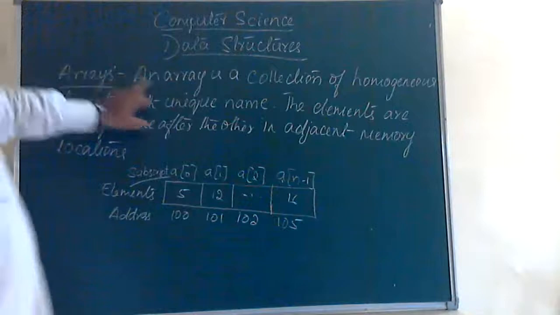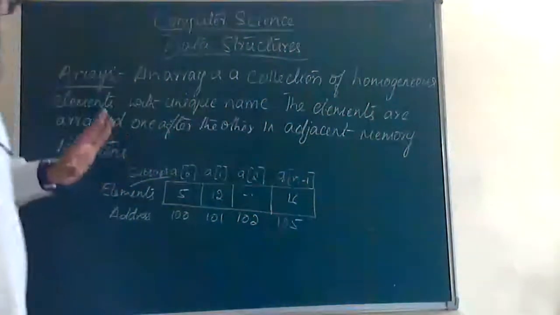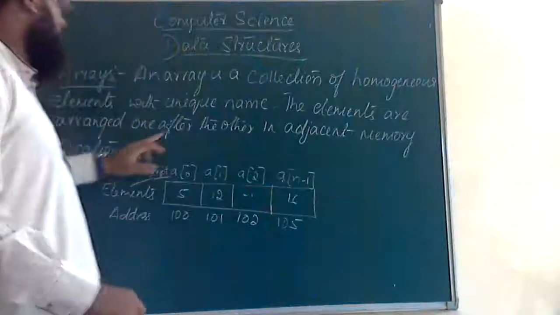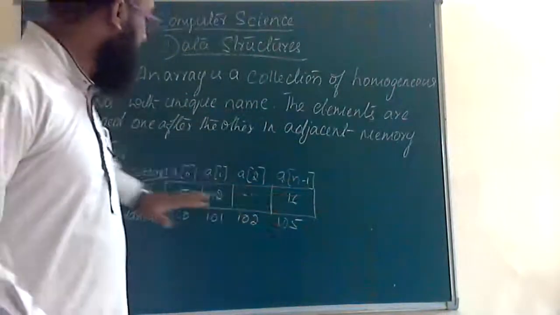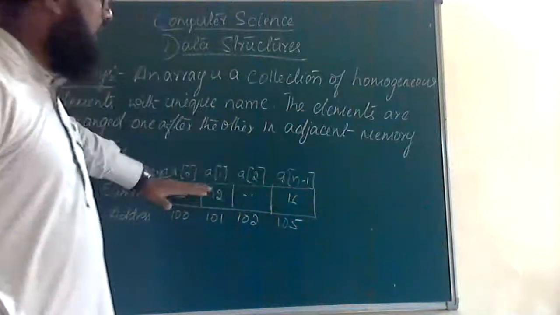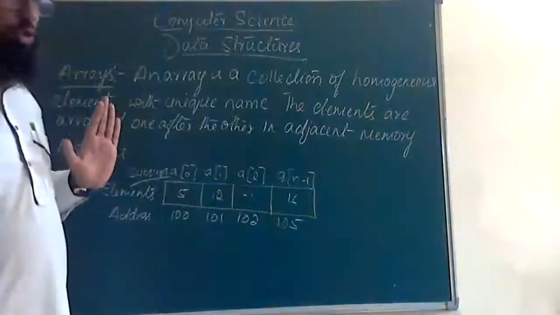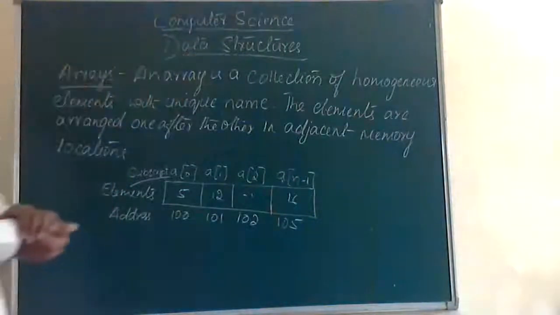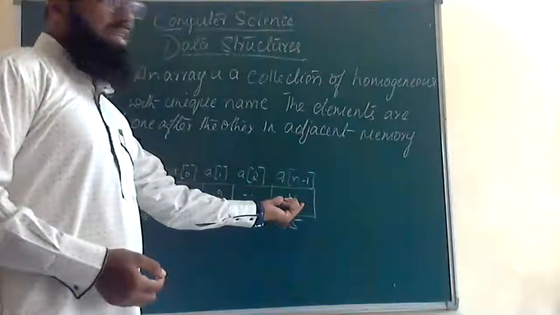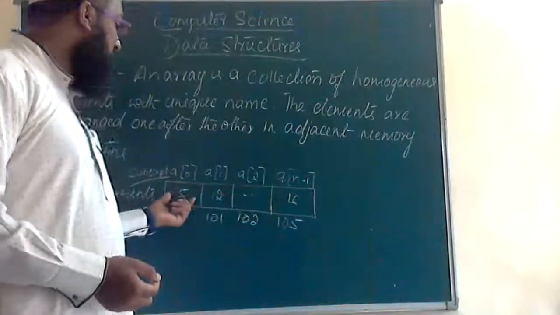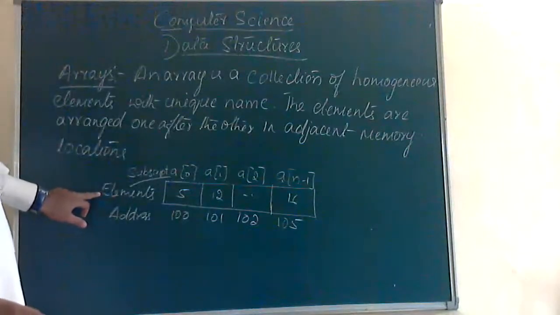A collection of same type of elements is an array. The elements are arranged one after the other in contiguous or adjacent memory locations. One after the other, the elements are stored. This is the rule of an array. The data items present in an array we call elements.